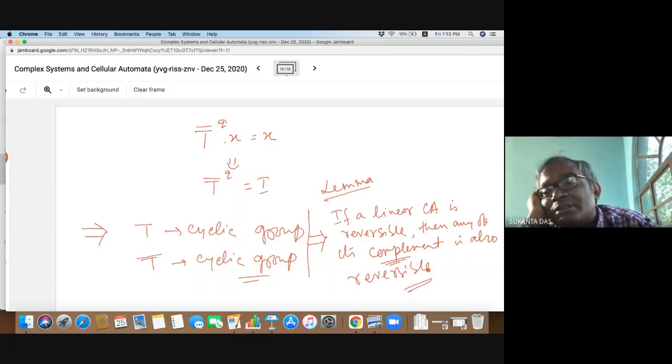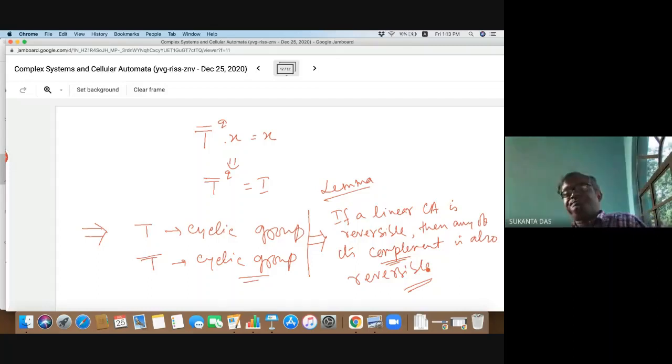That is the meaning of this. Why have I written any of its complement? Because I have taken arbitrary f. I didn't put any restriction on the f vector, on the inversion vector. So I have taken arbitrary f. So any of its complement is also reversible.